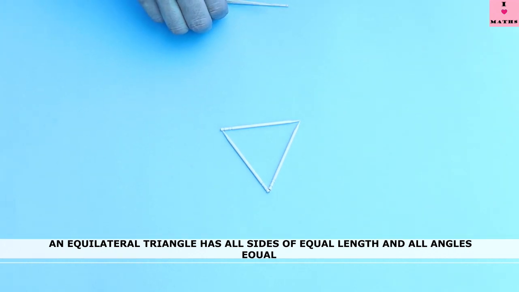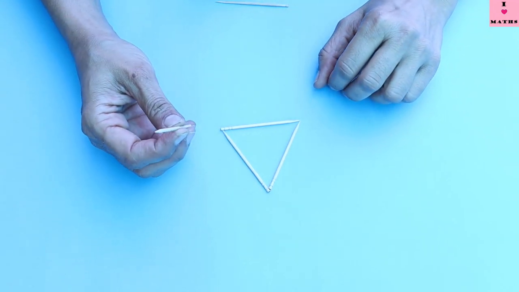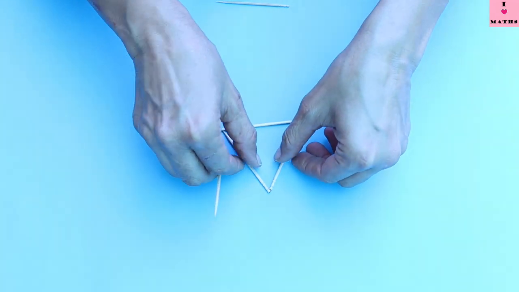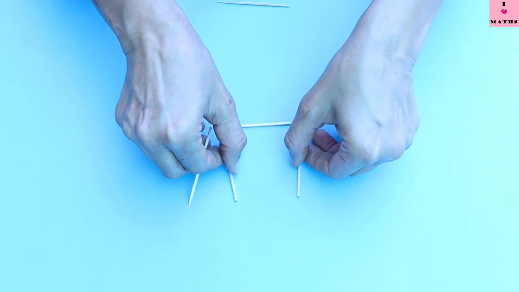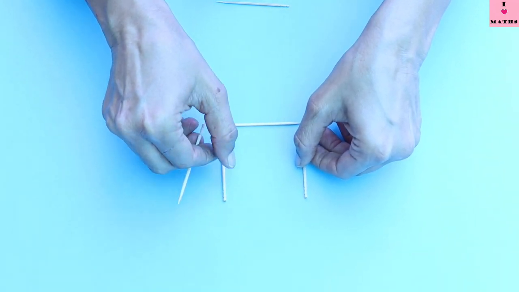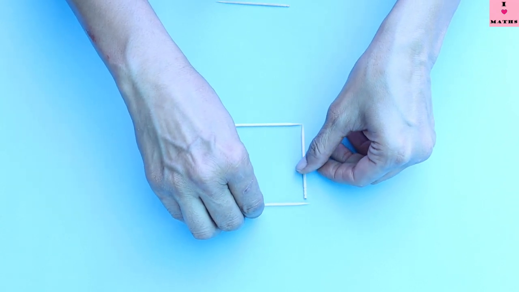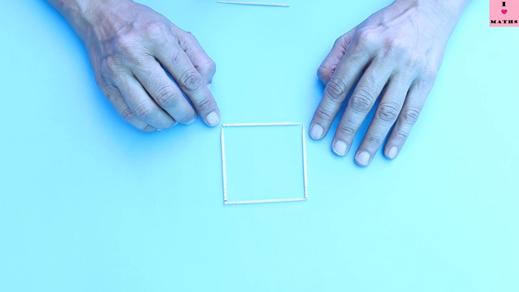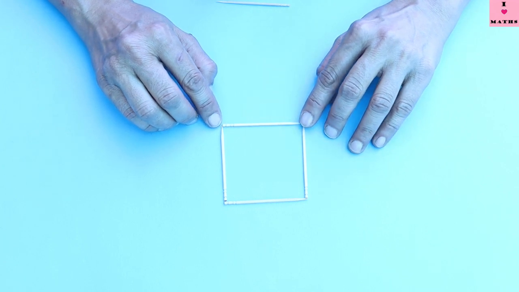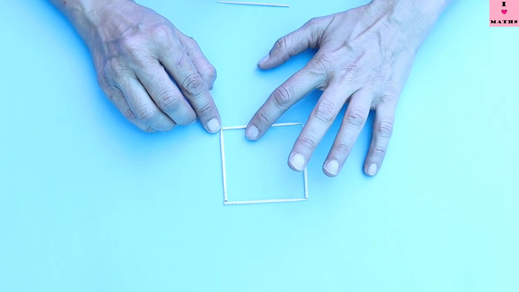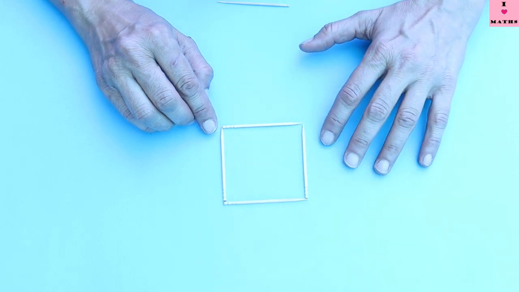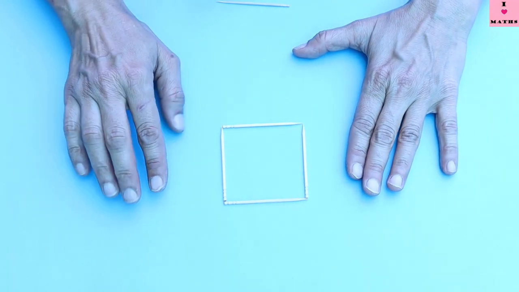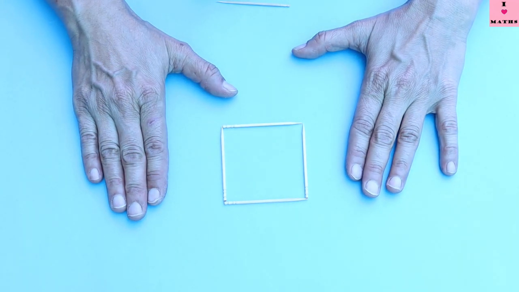Okay, now let us make a figure with four line segments. I'm sure in all previous classes you have studied this figure and you are very familiar with it. I know many of you would be saying square. Yes, this is a four-sided figure. It is a square.